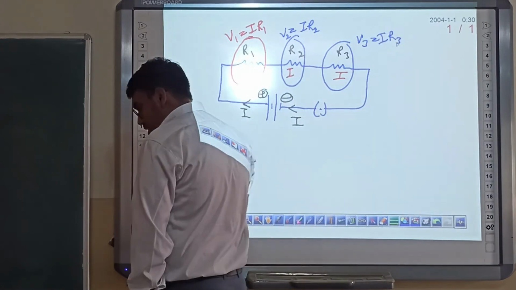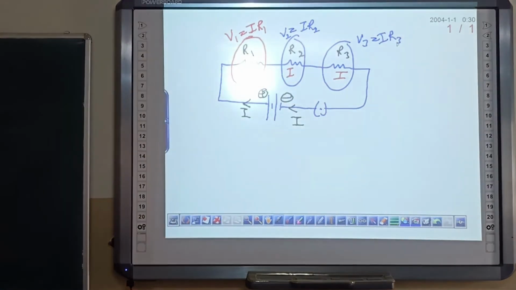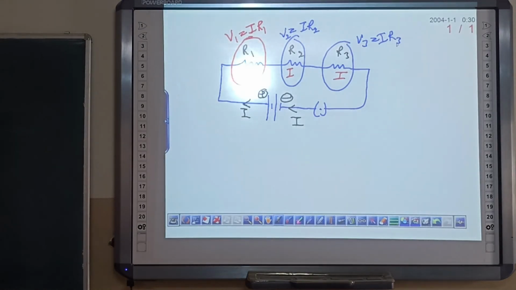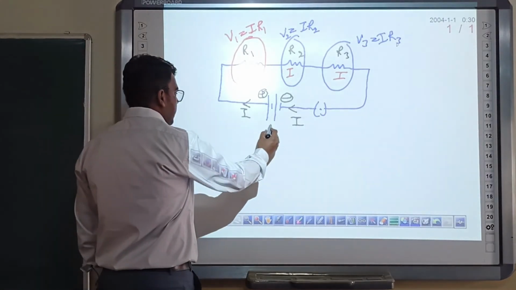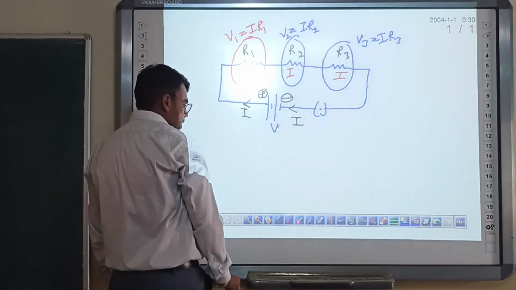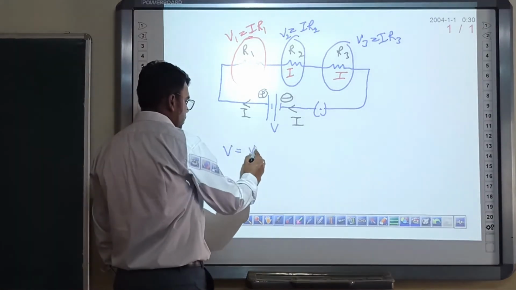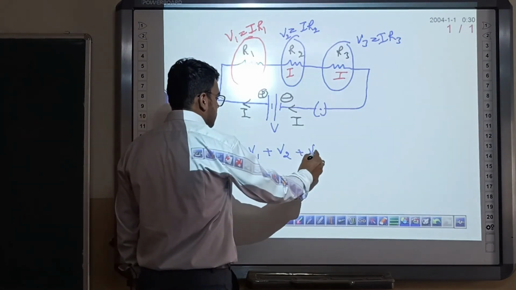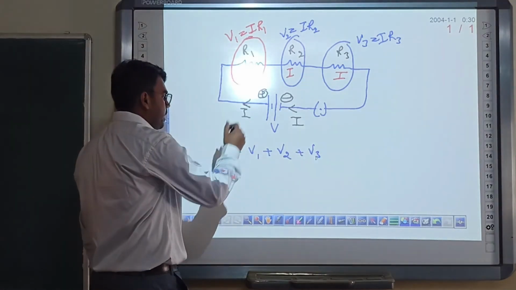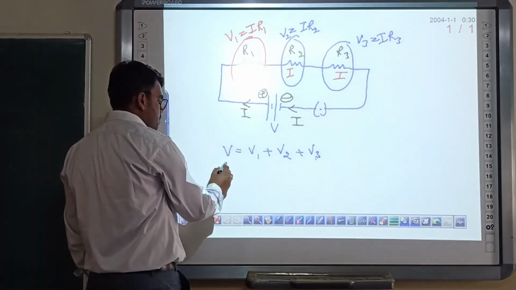So in series, we observe that current remains the same across each resistance, but voltage is divided among all the resistors. Let us say if total voltage is V, then V is equal to V1 plus V2 plus V3.